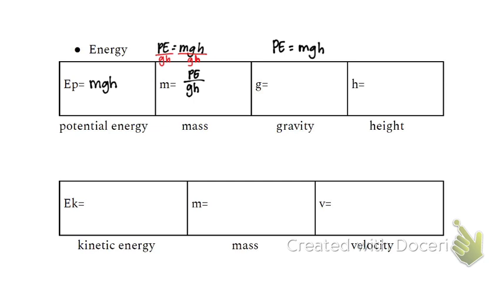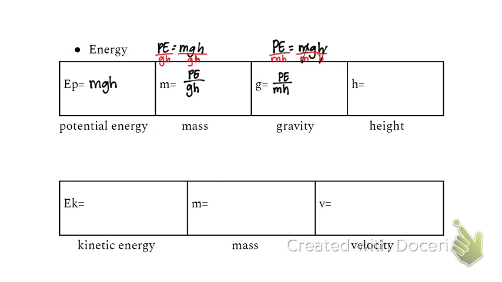If I want to get G by itself, what do I need to do? Divide by M and H. So that cancels those. So gravity is potential energy divided by mass and height.